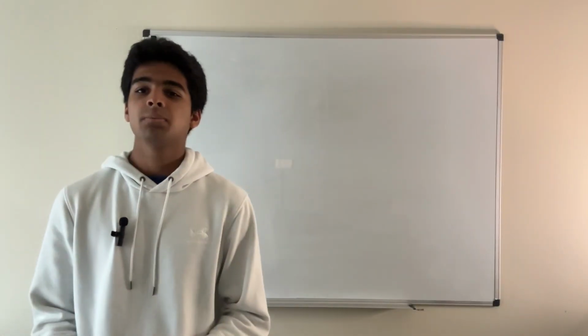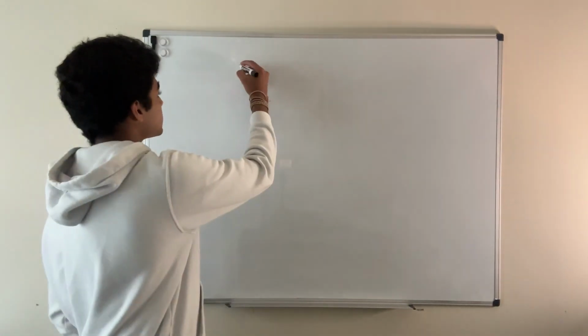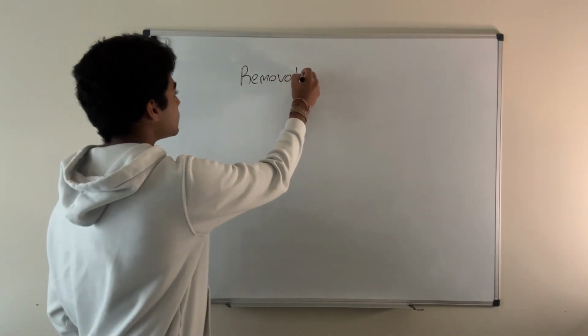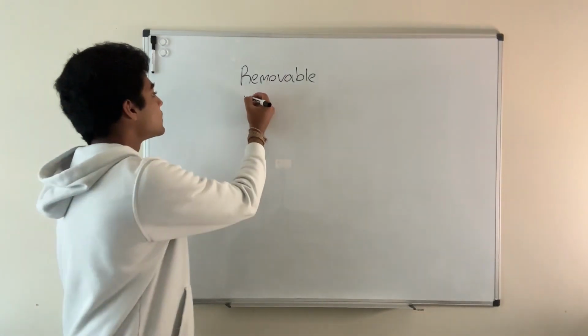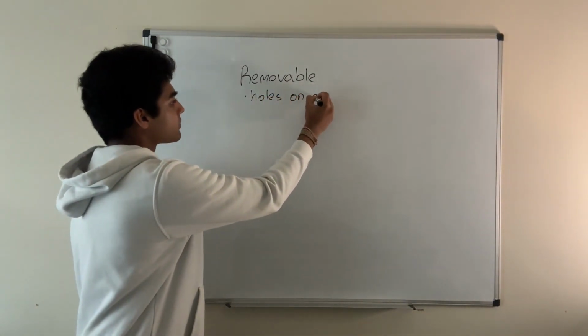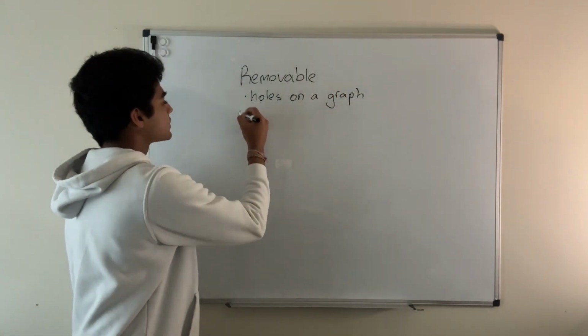So for the different types of discontinuities, there are two main types. We have the removable discontinuities, and these look like holes on a graph. And then we have the non-removable discontinuities.